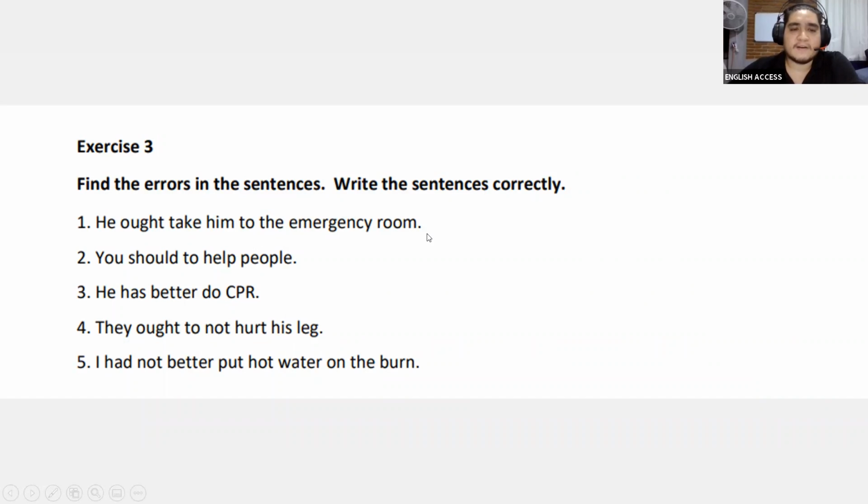Now, we have five sentences here, but they all have mistakes. They all have errors. So what you're going to do is rewrite these sentences correctly. Okay? Take two minutes, and then we check. All right?